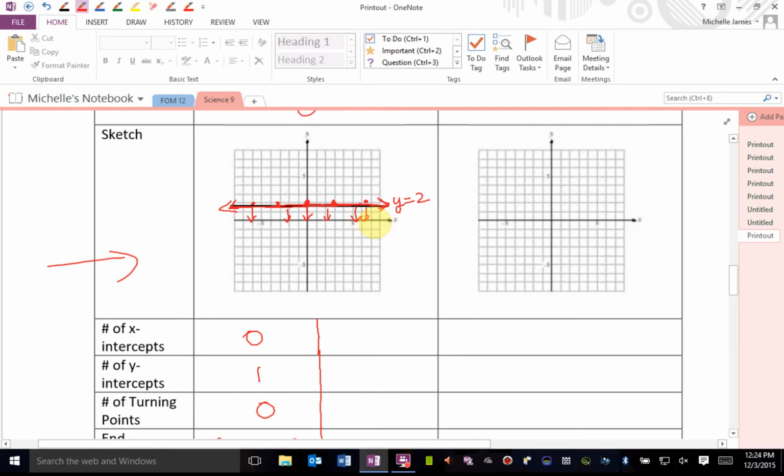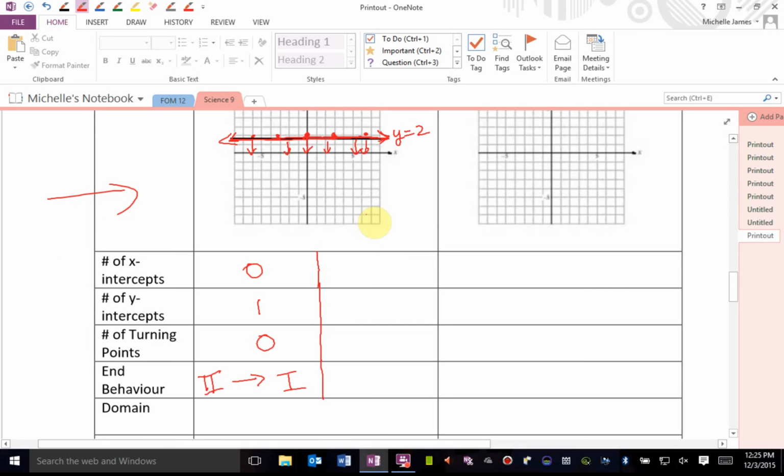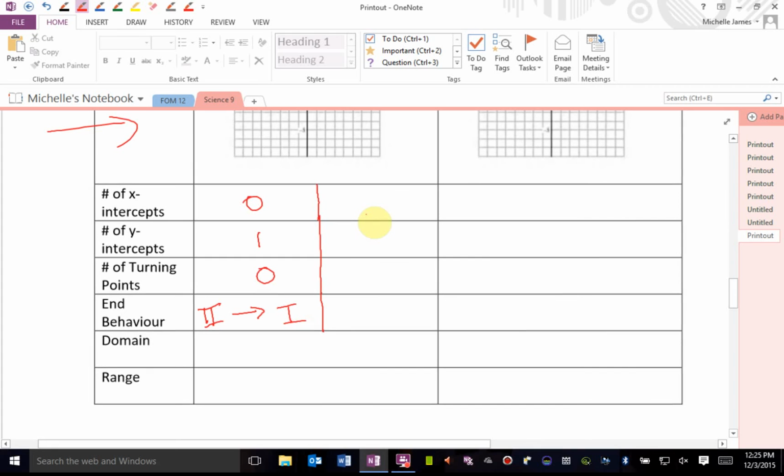So domain is, what are all the possible x values? And it can be anything, can't it? That line goes on forever, so it can be every single x that's possible. So we say all real numbers. And you indicate that by saying x can be in the set of all real numbers.